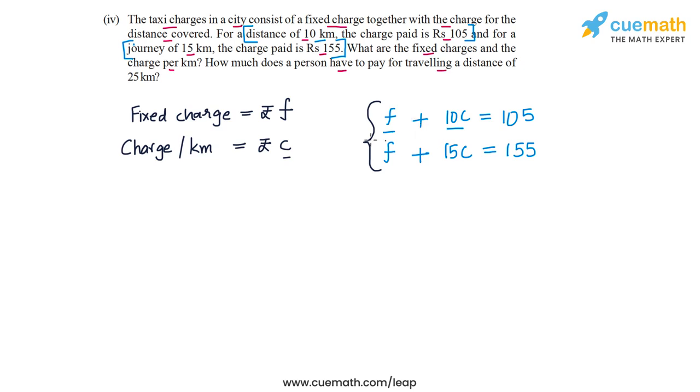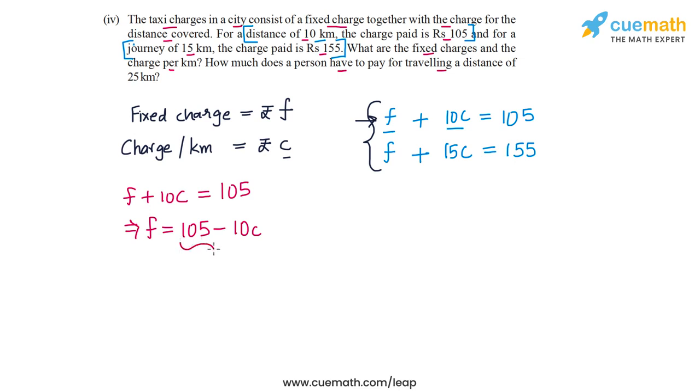So what we can do is take one of the equations and write one of the variables in terms of the other. So I will take the first equation and I will write F in terms of C. So we have F plus 10C is equal to 105. So from here I can write F is equal to 105 minus 10C.